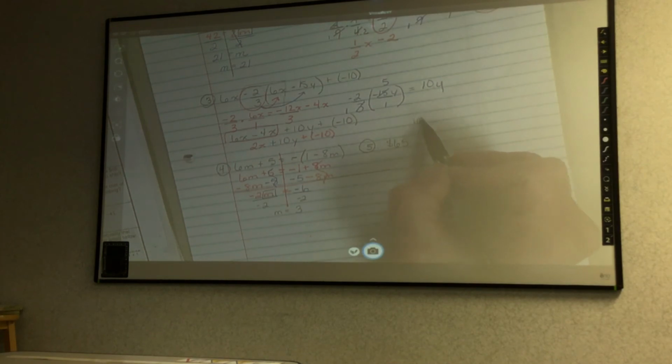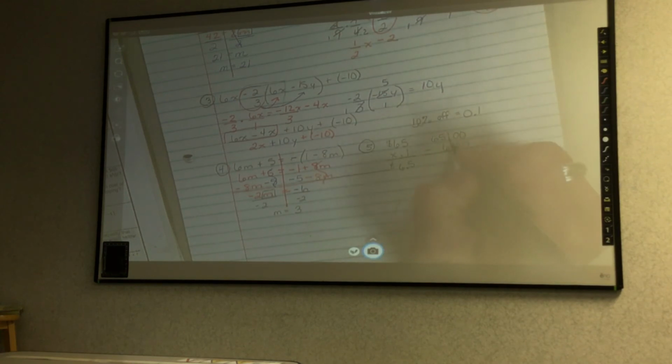How do I change the 10% to a decimal? You move it 1, 2, so I've got 0.1. So I take $65 times 0.1, it'd be $6.50 off. So I take $65 minus $6.50.